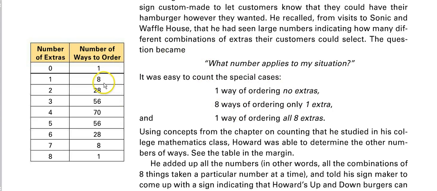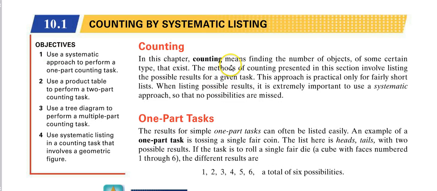For instance, if there are 8 extras, then that would affect something. And then they go through a list of combining the numbers.